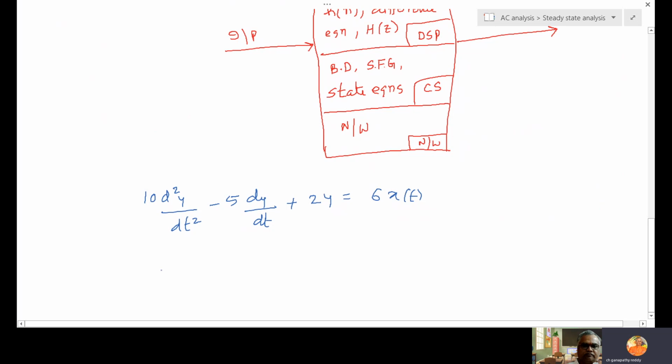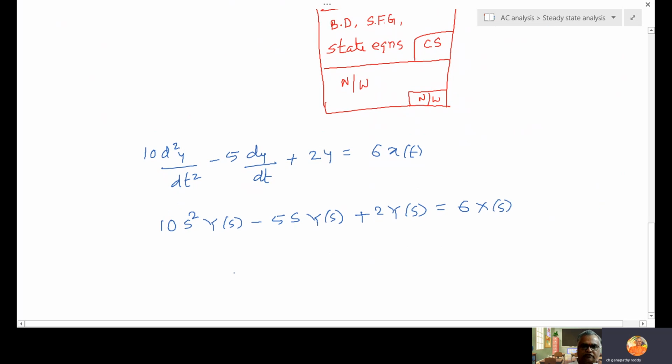Apply Laplace transform. Get 10 into s square Y of s minus 5 s into Y of s plus 2 into Y of s is equal to 6 into X of s. When you are finding transfer function, we always take initial conditions 0 by default.